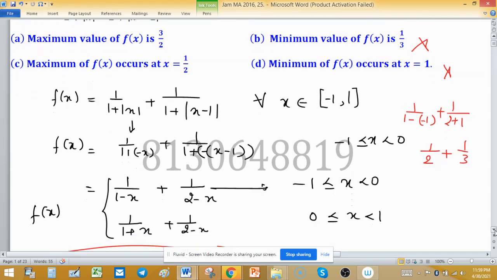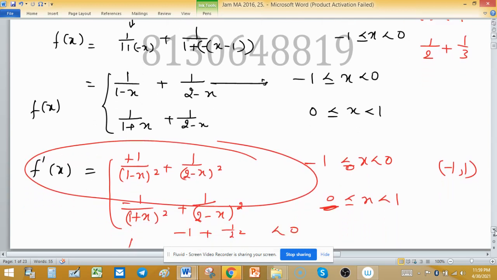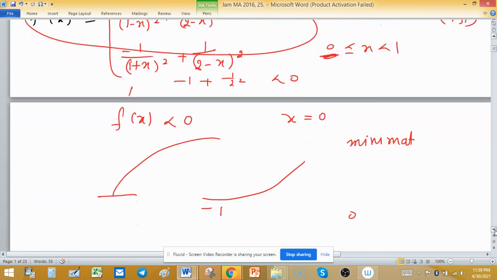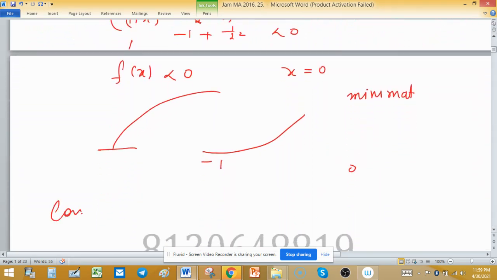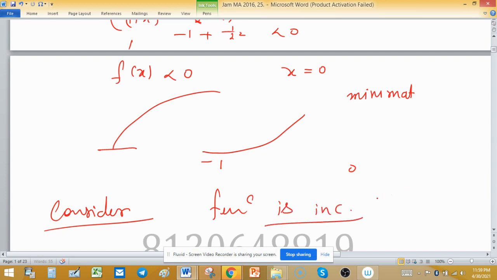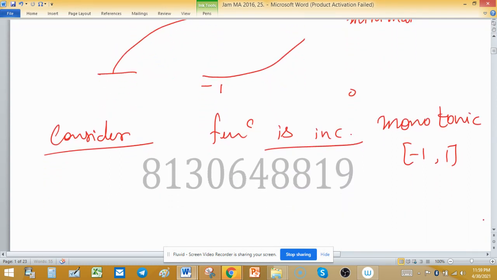So we all know the function is increasing for this part. So consider the function is increasing, or say monotonically increasing, over the closed interval -1 to 1. If it is increasing, because half the part is increasing, let the function be monotonically increasing on the entire domain.